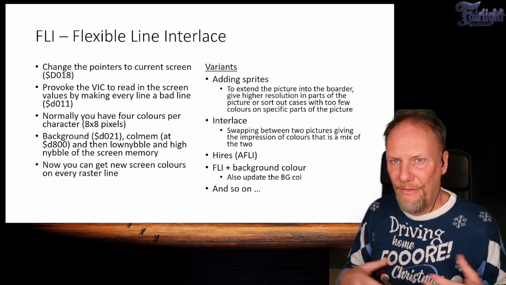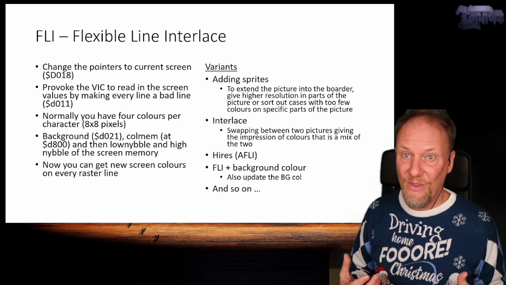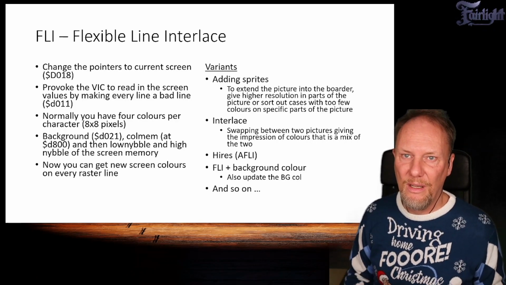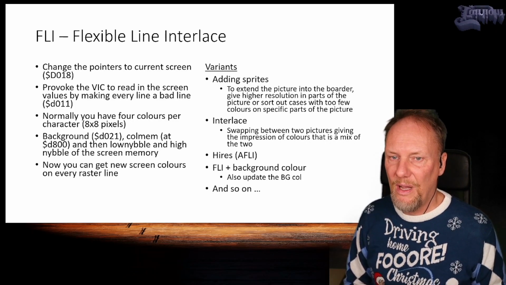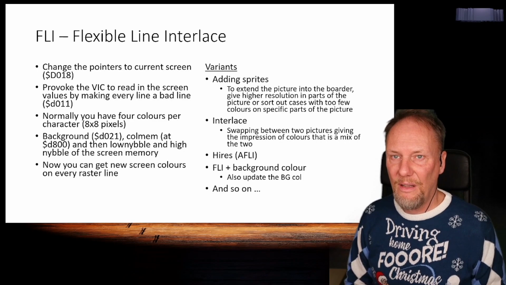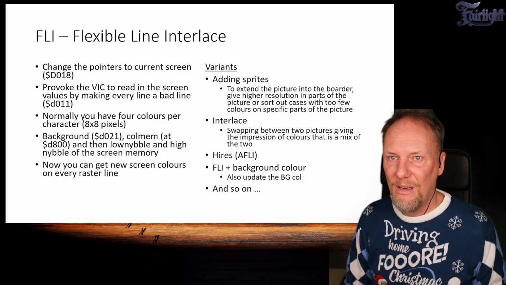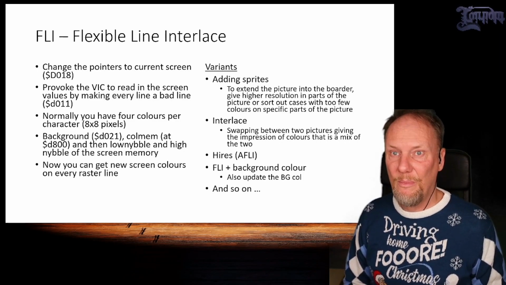Talking about video formats in general, FLI is sort of one VIC trick to add more colors into the picture. But another option would be to use sprites. You add sprites to places in the picture where you have color clashes, because you don't have enough addressable colors.